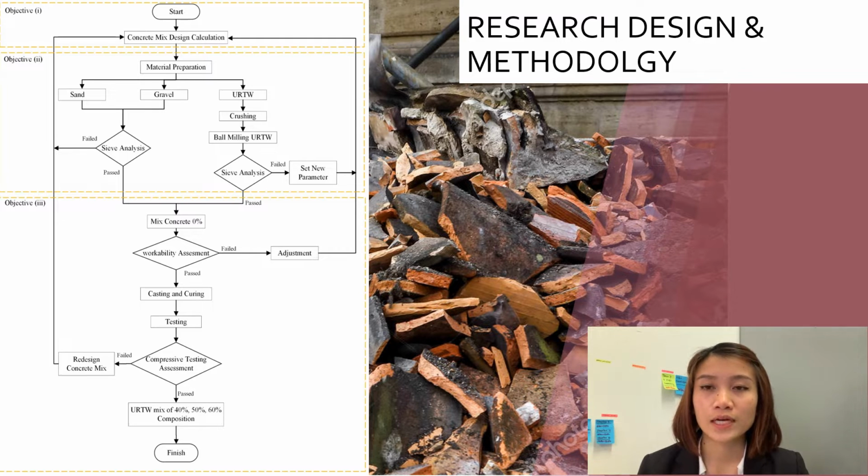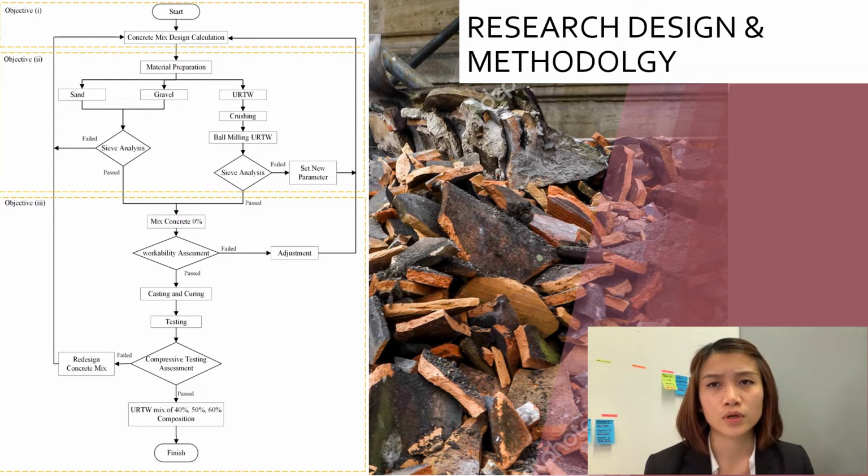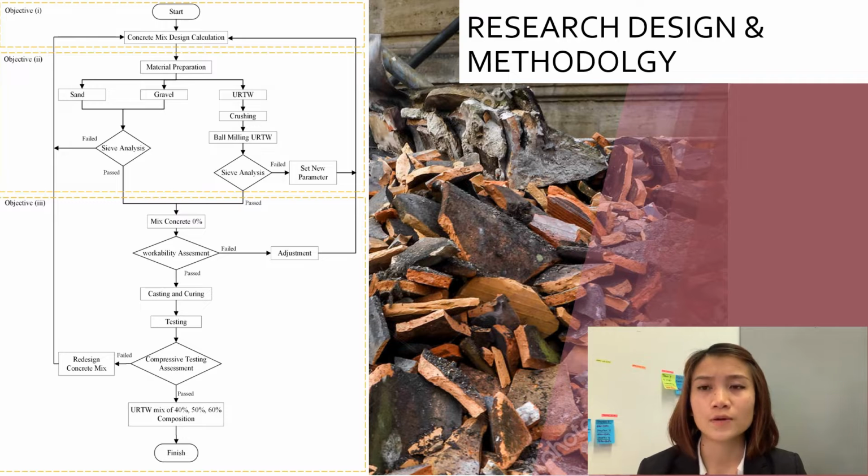Alright, so for my research study, I have created these four processes for a more systematic way to conduct the experiment. Firstly, I will fulfill objective one by calculating the concrete mix design, and the second process will focus on the material preparations, which are sand, gravel, URTW, and water.